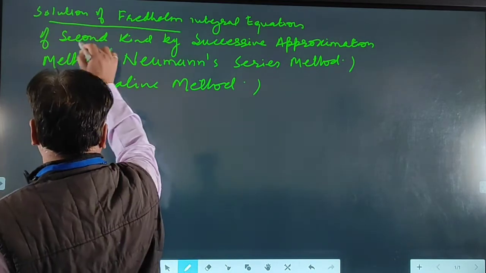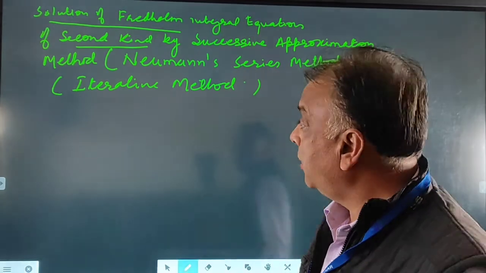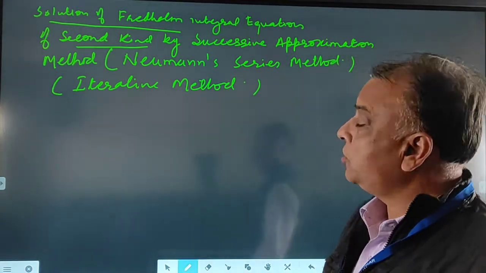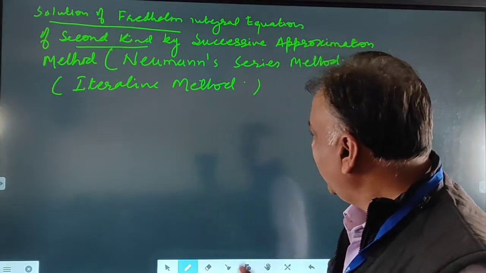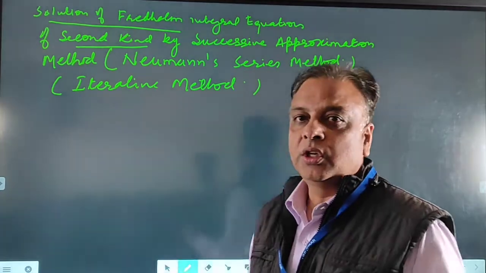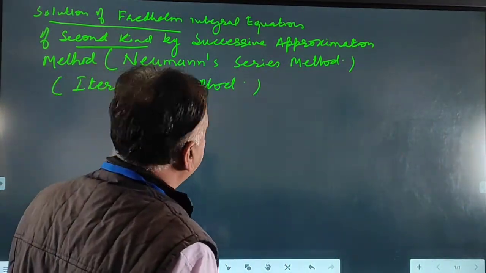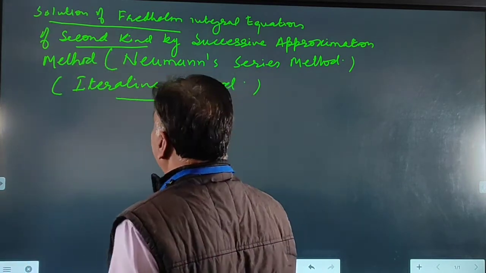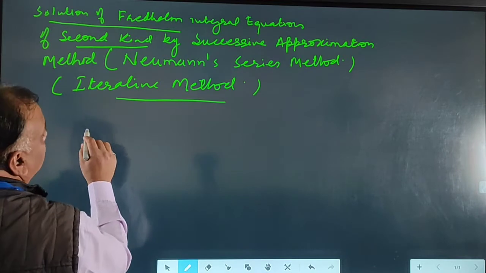So we have to find the solution of the Fredholm integral equation of second kind with the help of the Neumann series method, and some other methods are also deduced from this method. So we have to solve here the general Fredholm integral equation of second kind.